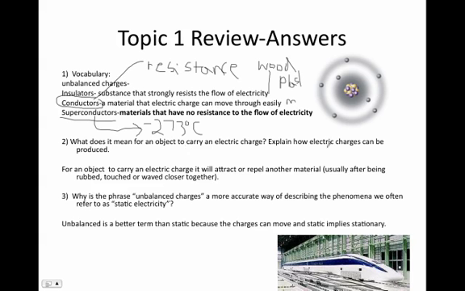Number 2, what does it mean when an object is able to carry an electric charge? And then explain how electric charges can be produced. For an object to carry an electric charge, it will attract or repel another object, usually after being rubbed or touched. So the object, for example a balloon, has, after rubbing, picked up extra electrons, or lost electrons, so that now overall it's unbalanced and maybe is positive.